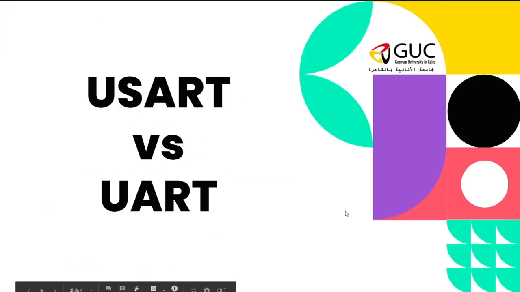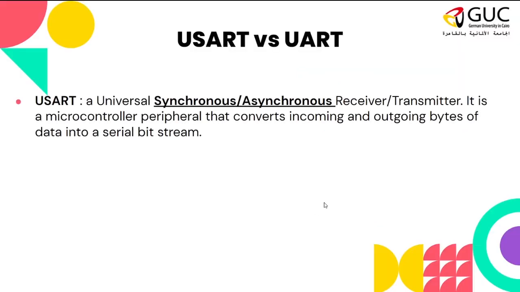But sometimes we see USART or UART. Which is right, and which is wrong? What is the difference between both of them? It is simple. USART is Universal Synchronous Asynchronous Receiver Transmitter. It has 2 modes, not just asynchronous, it has synchronous also.